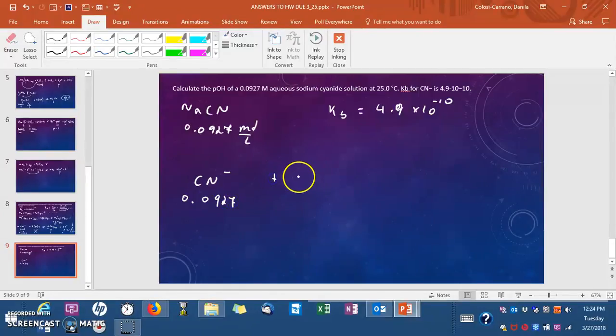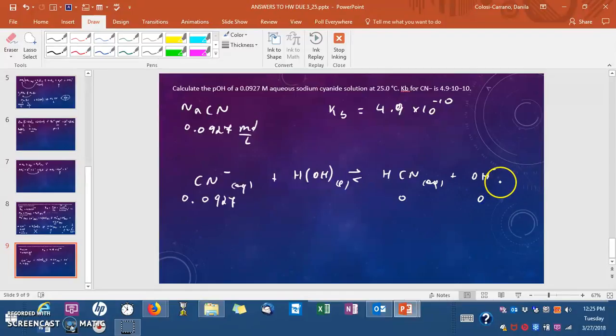You're adding this to your water, which is liquid, and this is aqueous, so you're grabbing some H to form this HCN, of which at the beginning you have nothing, and then you're releasing some OH minus, of which at the beginning you have nothing. So you're losing X, gaining X, gaining X, so this is 0.0927 minus X, this is X and X.